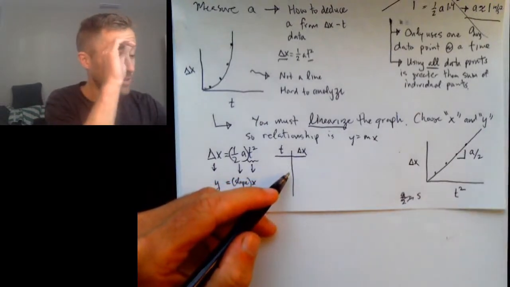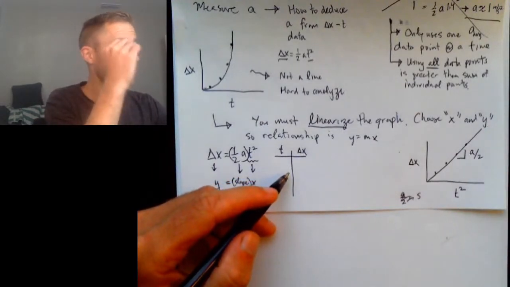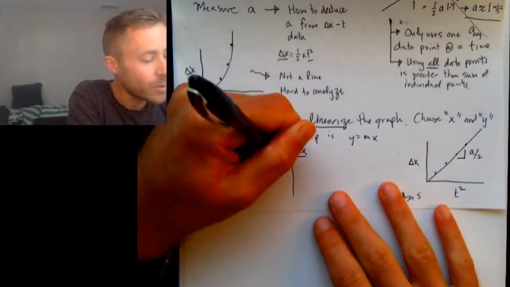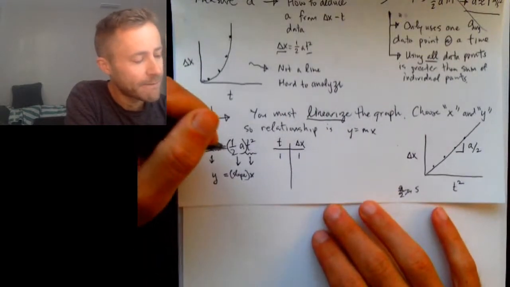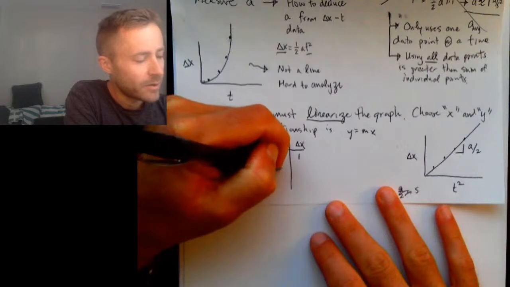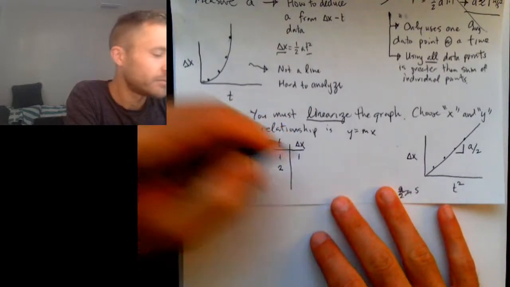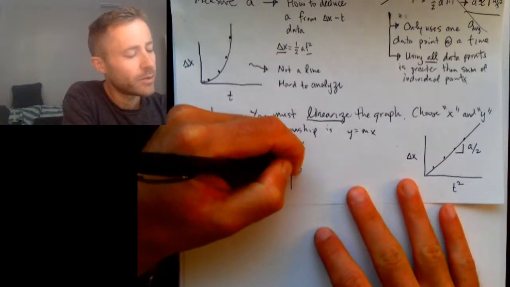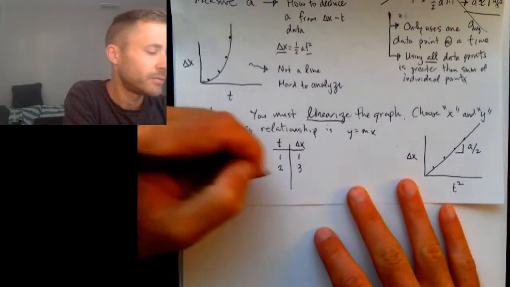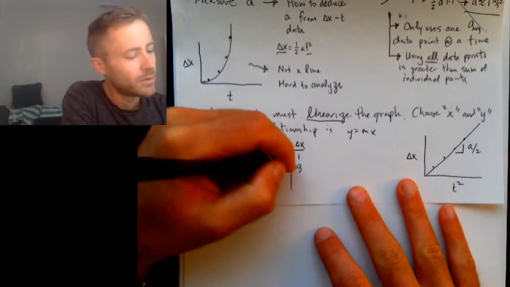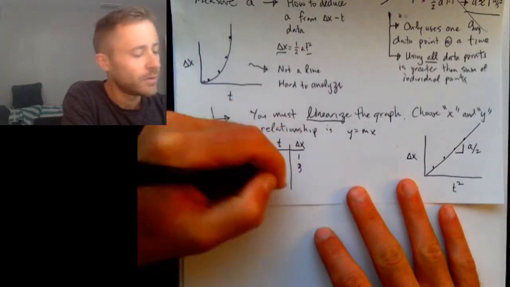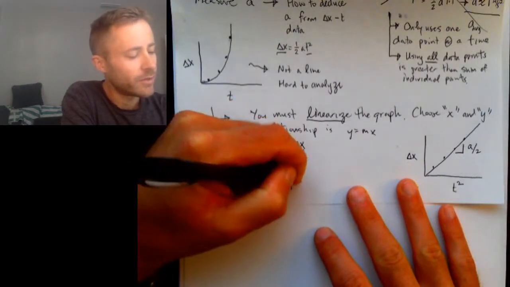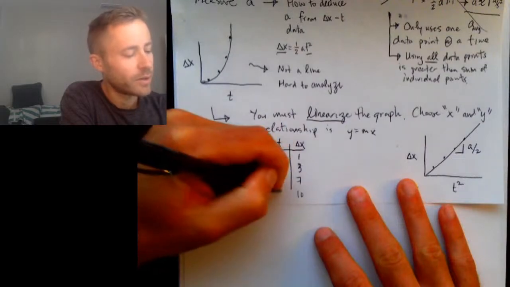What if you had 1 and 1, 2 and, I don't know, 3, 3 and 7, 4 and 10.